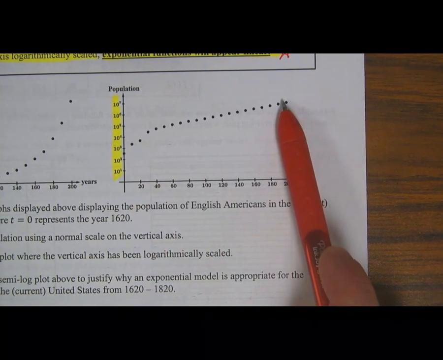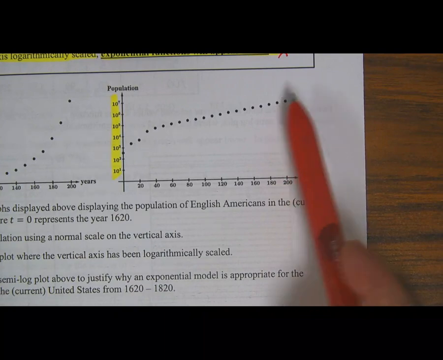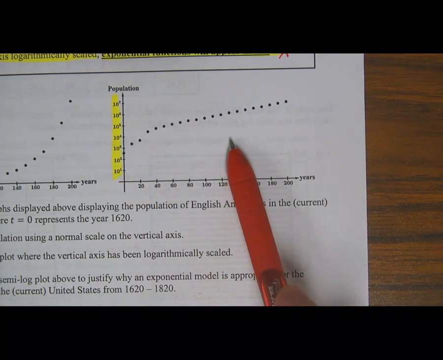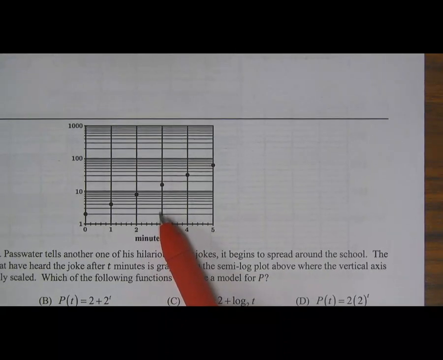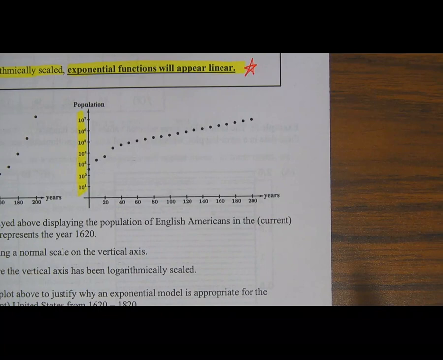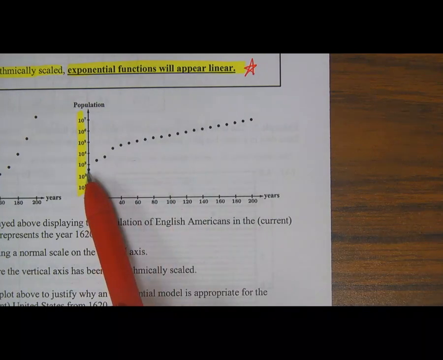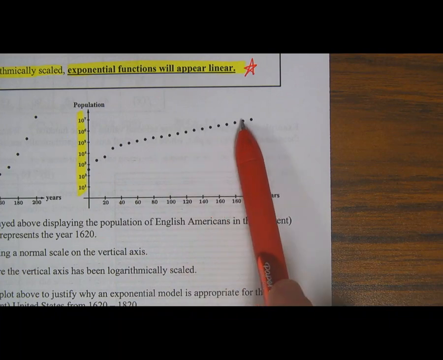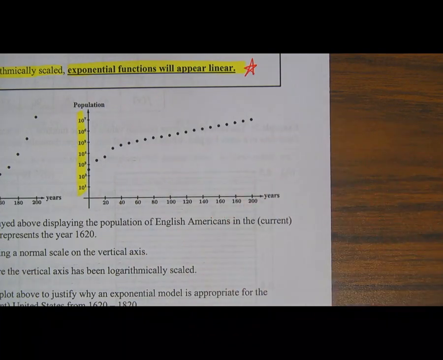If you had a test question on Thursday of a semi-log plot, and you guys asked a great question last time, this is also a semi-log plot at the bottom of your page. The one at the top is just missing the grid lines because it would have been too busy of a picture. But if you see that the dots are mostly in a straight line, then you're going to pick the answer choice that says this is exponential data, period.